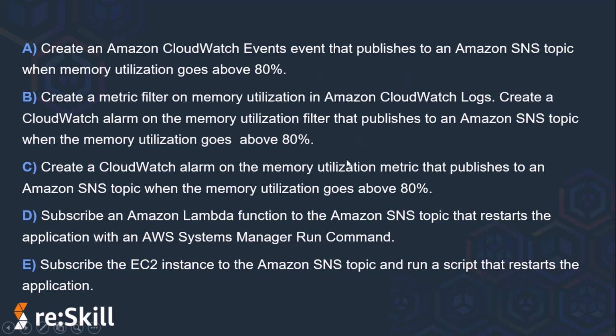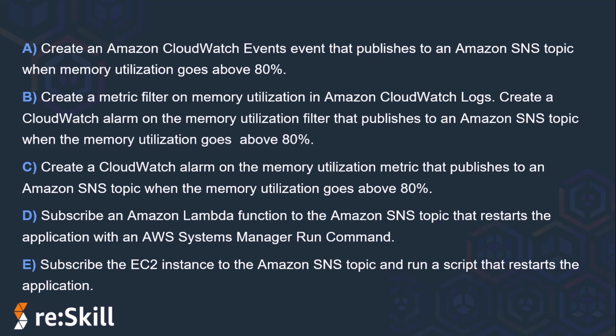We can directly create a CloudWatch alarm from that, because the metric that the CloudWatch agent was monitoring can directly be used to create an alarm. We don't need to do anything else, because events is for cases when we need to define a scheduled event, or we are supposed to detect some changes.